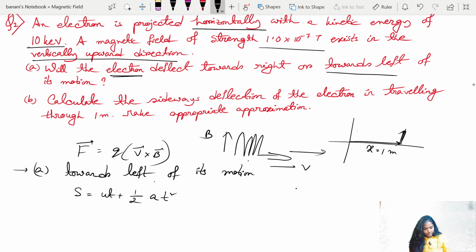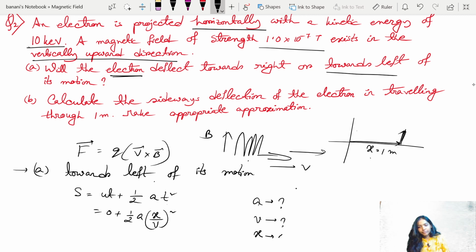For this case, u is 0, plus half a, that means we have to calculate a and we have to calculate t. t can be x by v, so x by v whole square. So we have to know a, we have to know v, and we have to know x. x is given here.